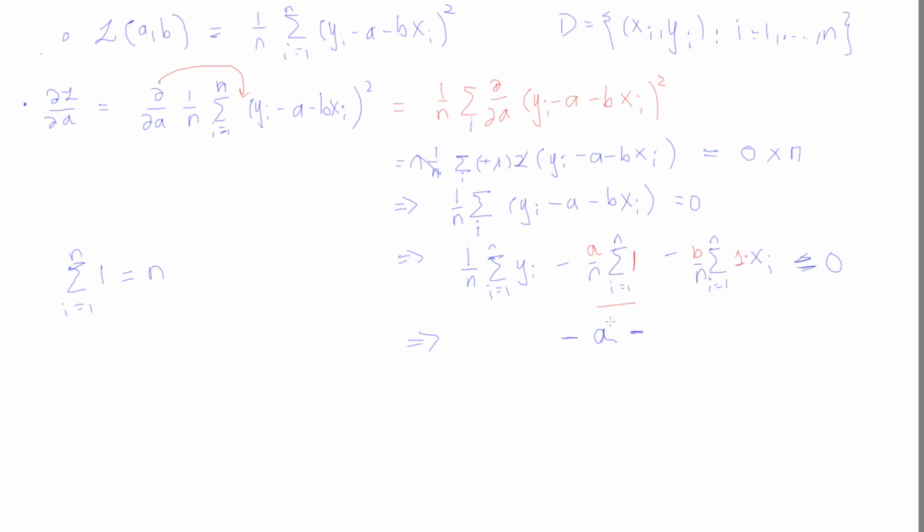So this sum becomes a. What is this term? It's just the average of the yi, the mean of yi, and the way we write this is y bar. And similarly here, I'm going to have a b, and this is 1 over n times the sum of the xi's, so this is just x bar, equals 0.